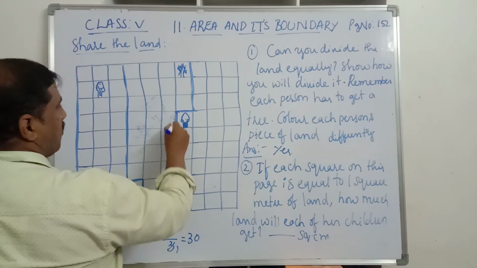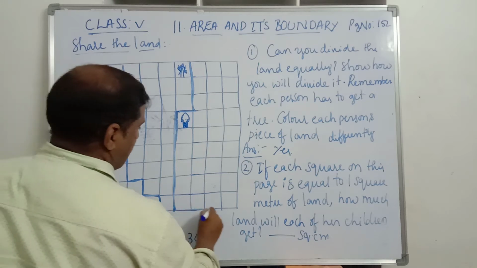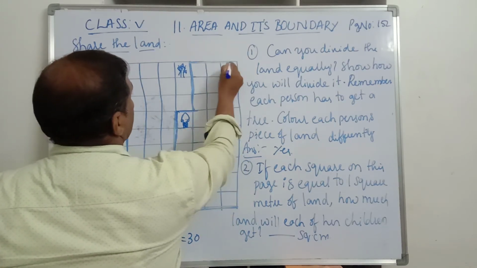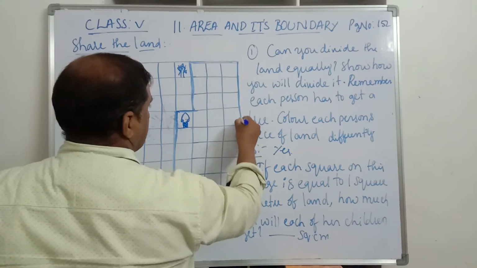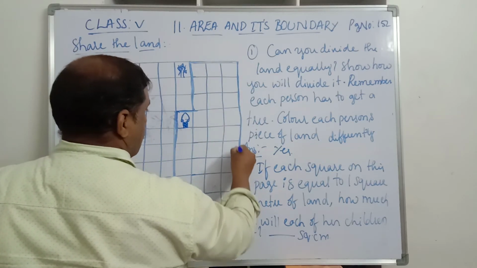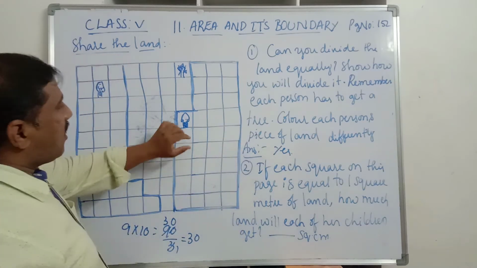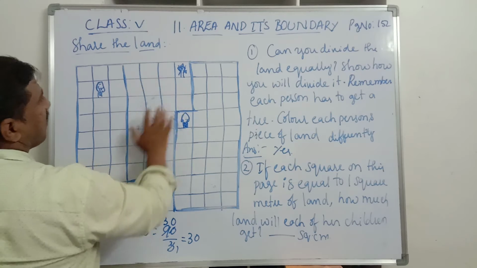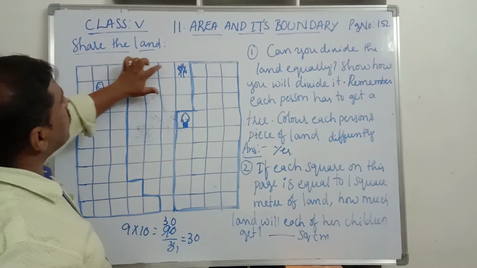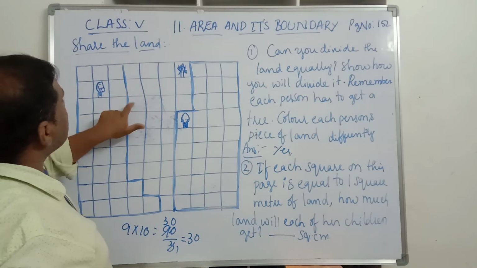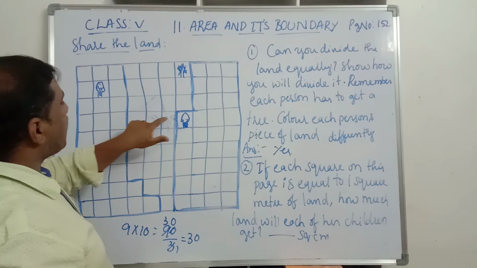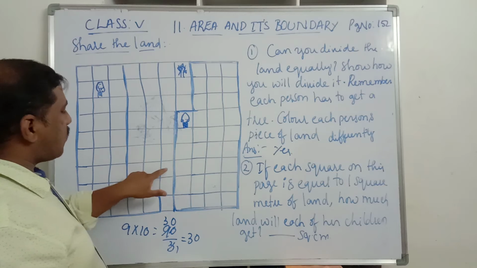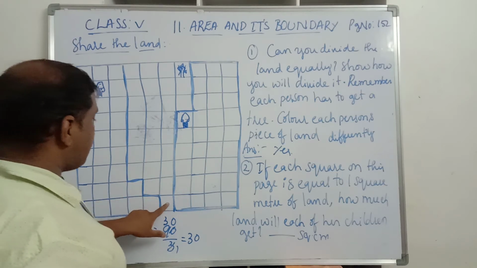So this is one more piece of land where the 3 children will get an equal amount of land. This child again got 1 tree. The leftover is for one child. Now you can count 1, 2, 3, 4, 5, 6, 7, 8, 9, 10, 11, 12, 13, 14, 15, 16, 17, 18, 19, 20, 21, 22, 23, 24, 25, 26, 27.